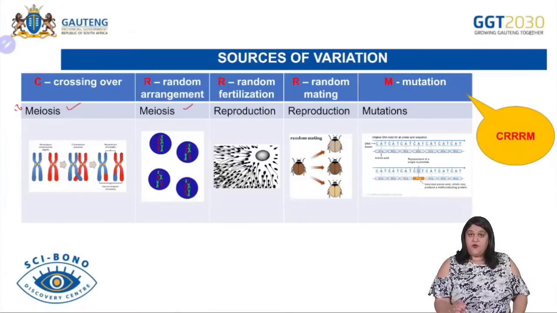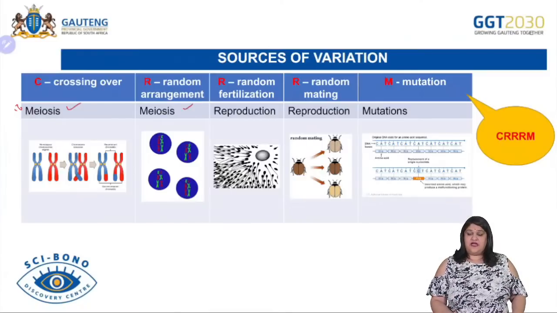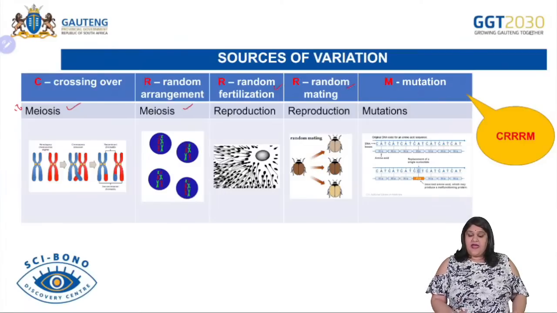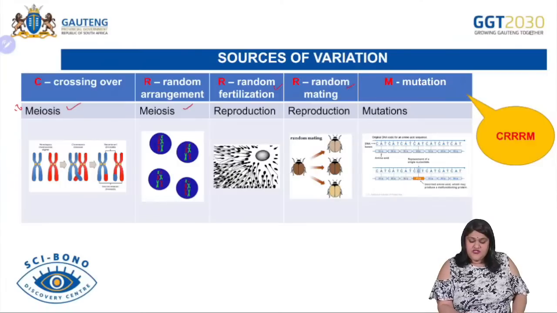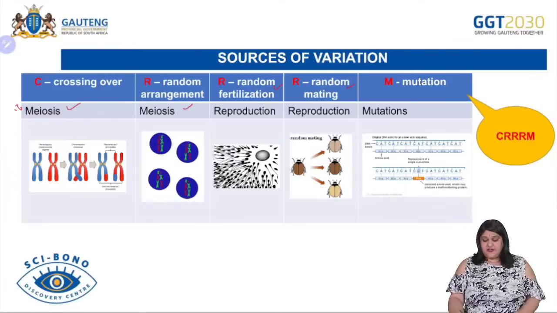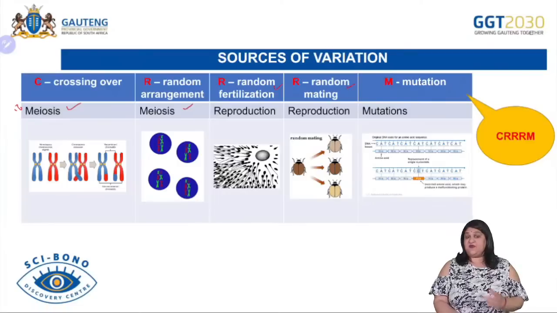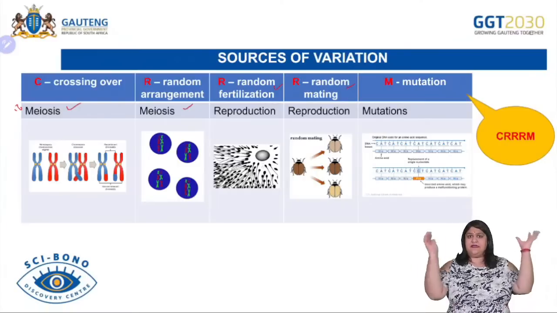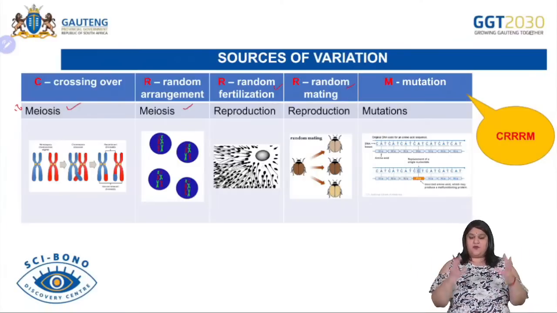The sources of variation related to reproduction are random fertilization and random mating. As you can see in the pictures, they explain a little bit more. Crossing over and random arrangement, Sina has done in detail, so I'm not going to go through them. In random fertilization, you can see there's one ovum and millions of sperm swimming towards it.